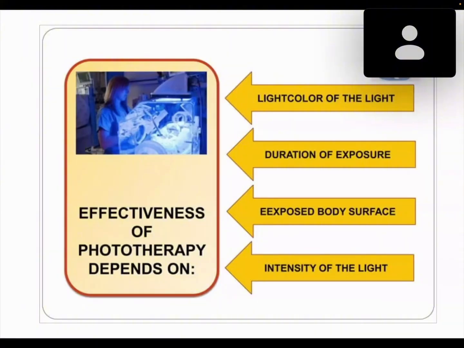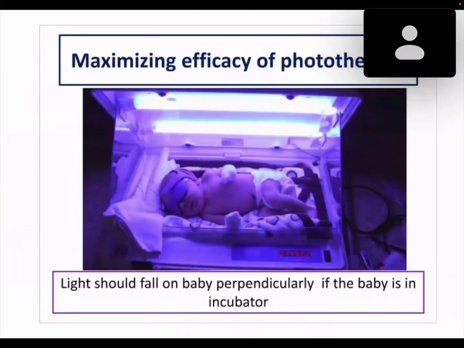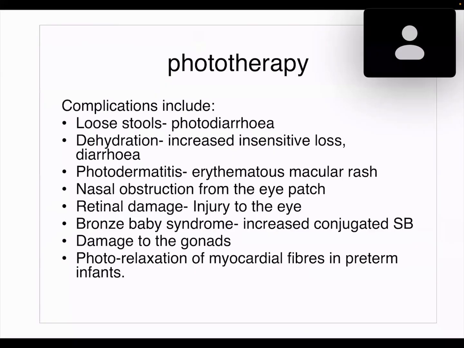Also how much of the body surface is exposed, the hands, the body, the skin. That also matters. Then the level at which the light should fall on the baby in the incubator, if the baby is in the incubator.